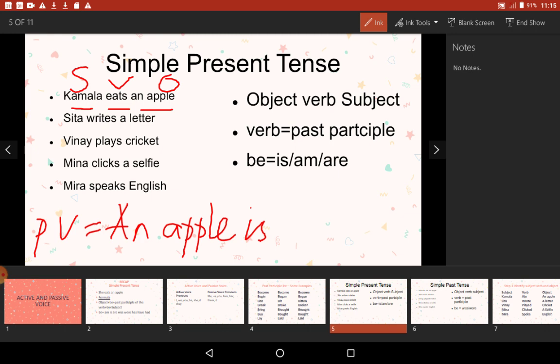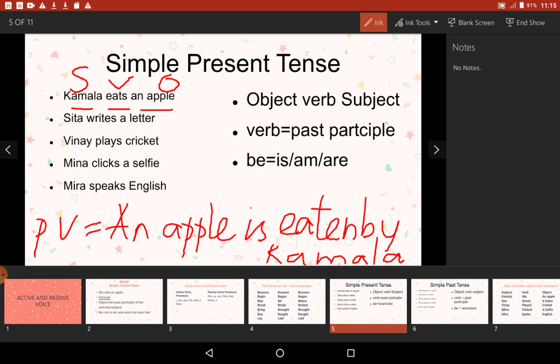Then we write eaten. Eaten is the past participle of eat. Then we add by, and finally we add Kamala. This is how we had changed a simple present tense active voice to its passive form.